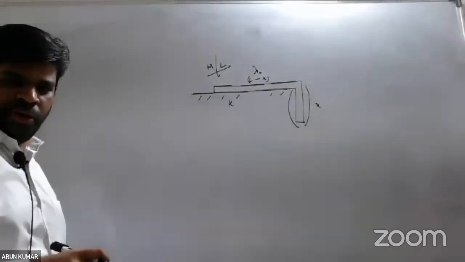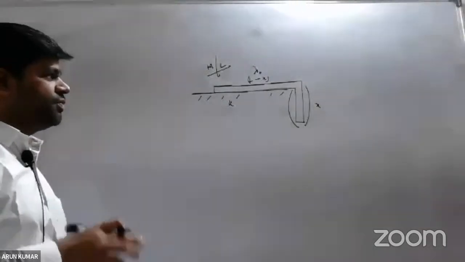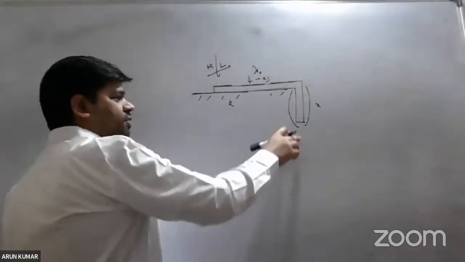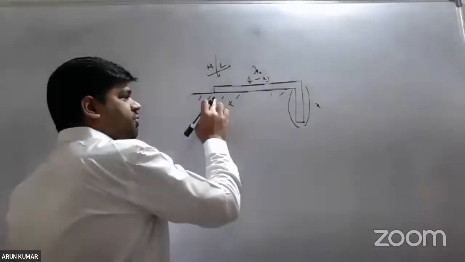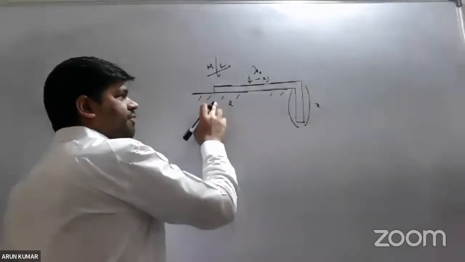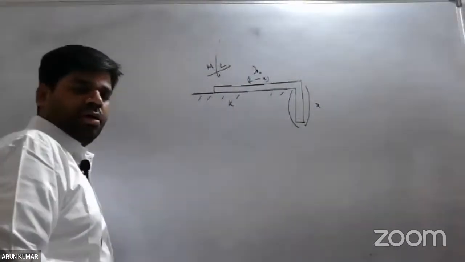If it's on the verge of slipping, this gravitational force should be equal to the limiting force over here. What is the limiting friction? Mu times N.